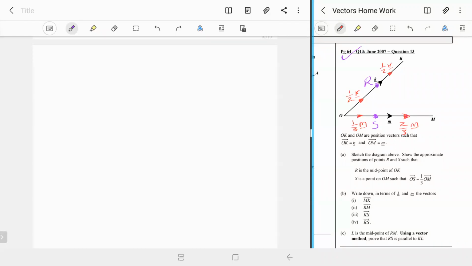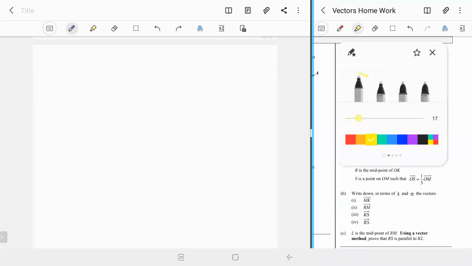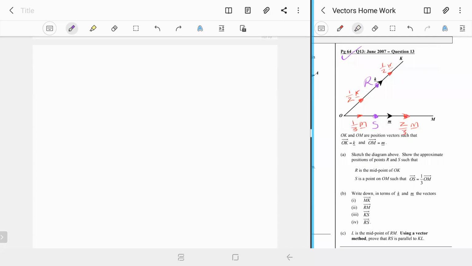I wonder if I can cover up these things. Let me see if I can cover up on the white. I'll shade it out.